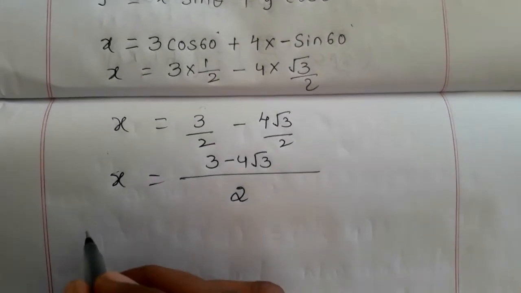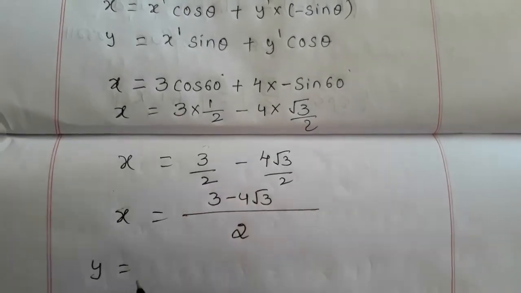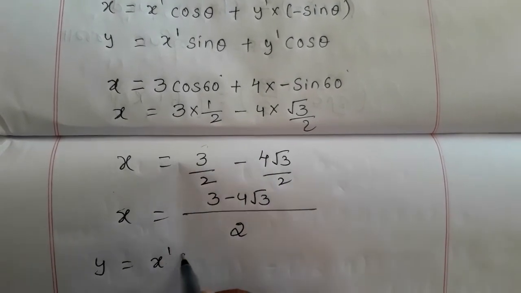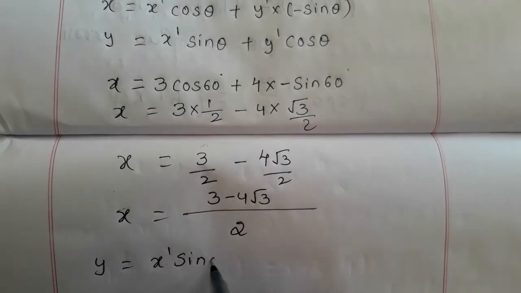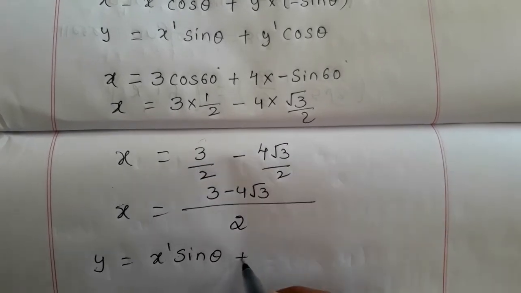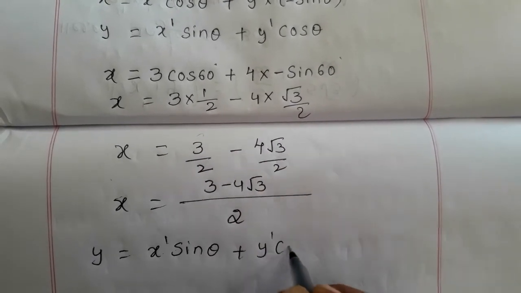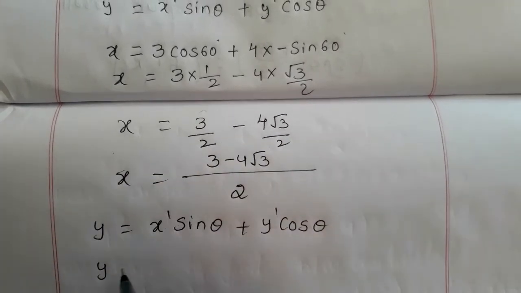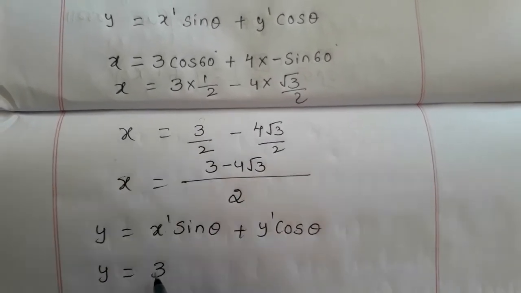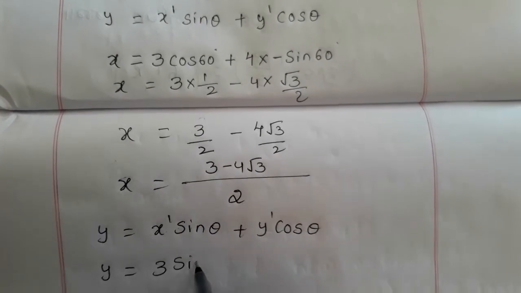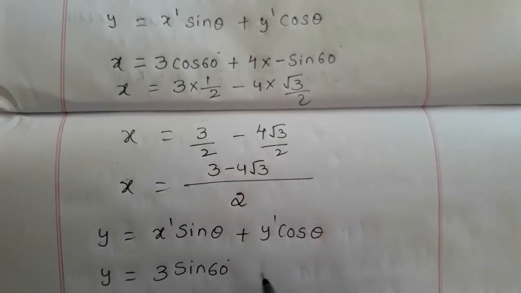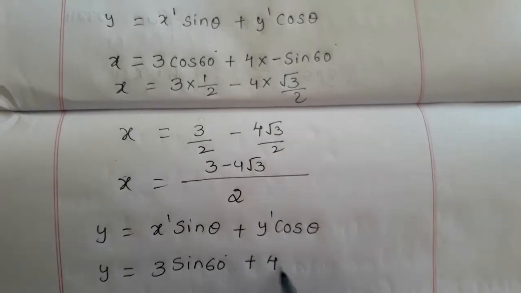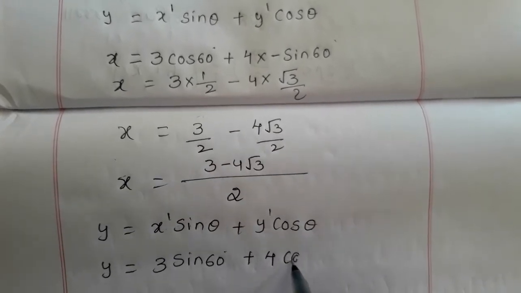So now we have to find y value. Y is nothing but x dash into sin theta plus y dash into cos theta. So now we substitute the values here. X dash is 3, sine of angle 60 is given, y dash is 4, cos of 60 degree.